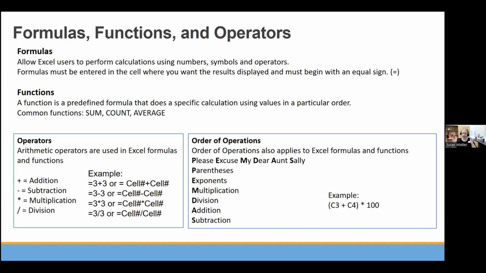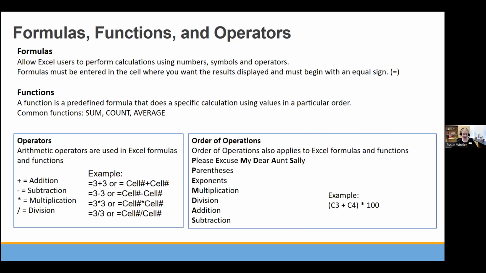So you would add those two cells together first, and then multiply by 100. So what you have here is your formula in this example. If I was to put this into Excel, I would have to put an equal sign in front of it and then type this out. Okay. And we can do that example if we want.